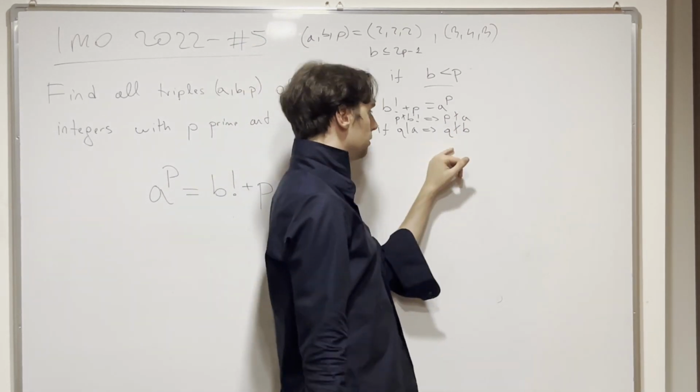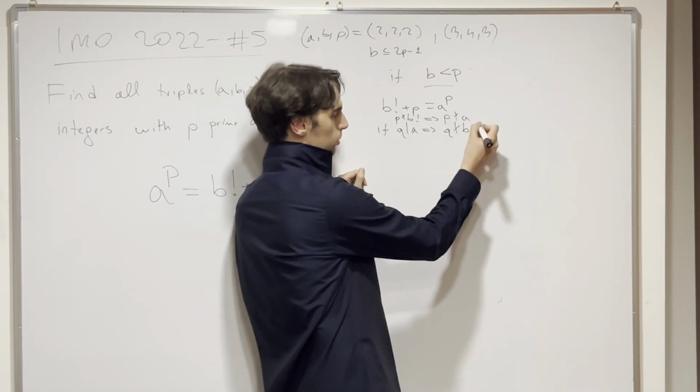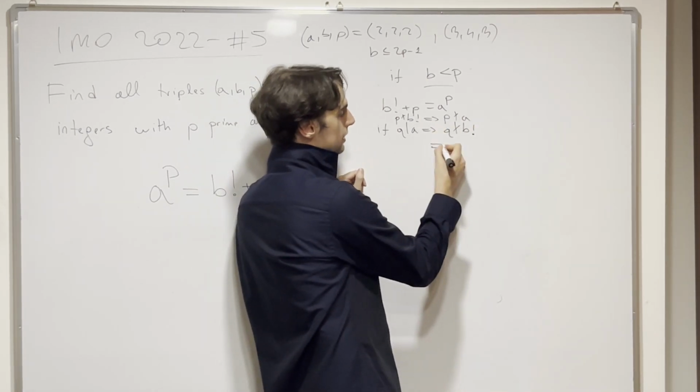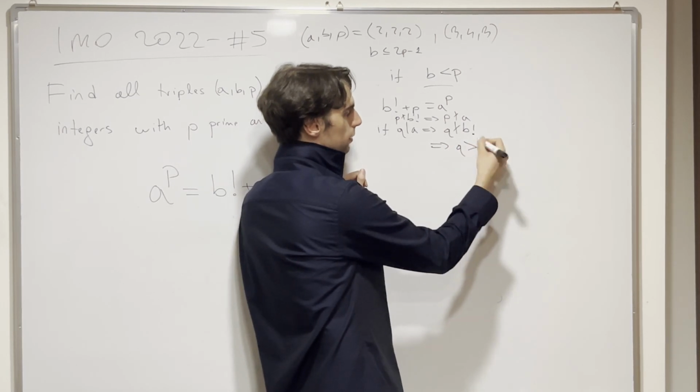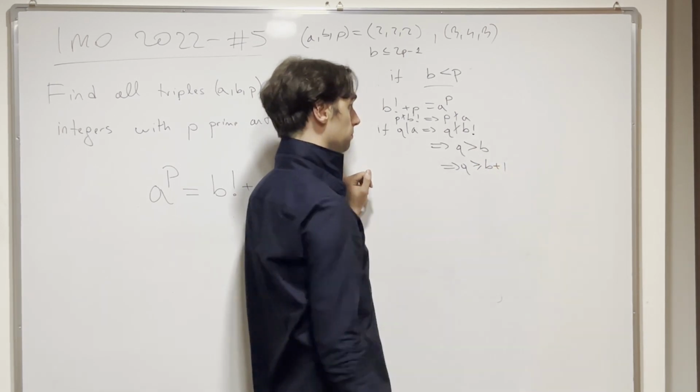So q divides a implies q does not divide b factorial, which implies that q is strictly greater than b, which implies that q is greater than or equal to b plus 1.